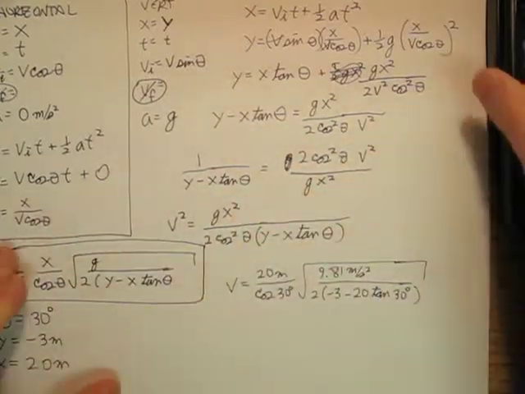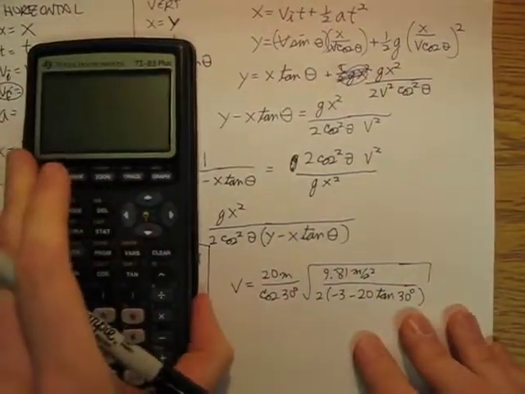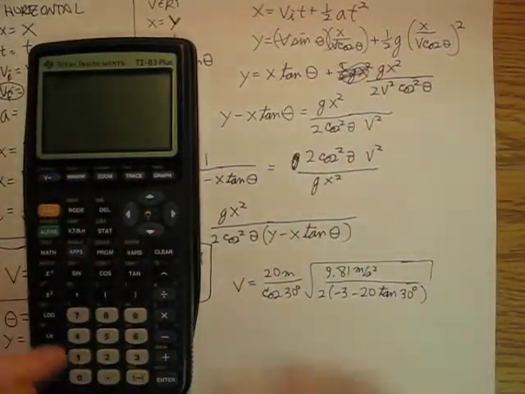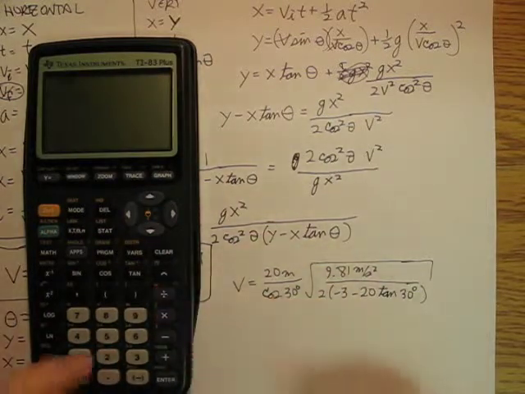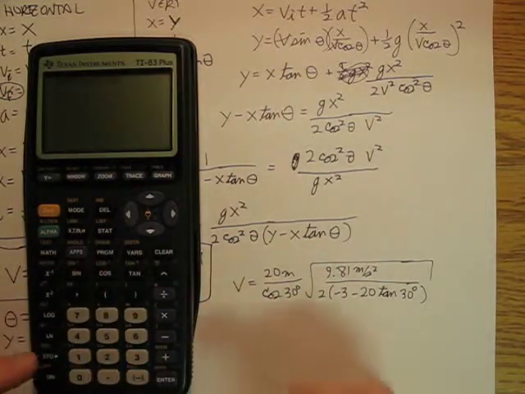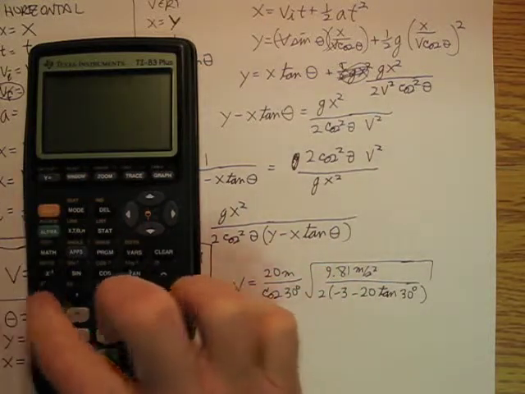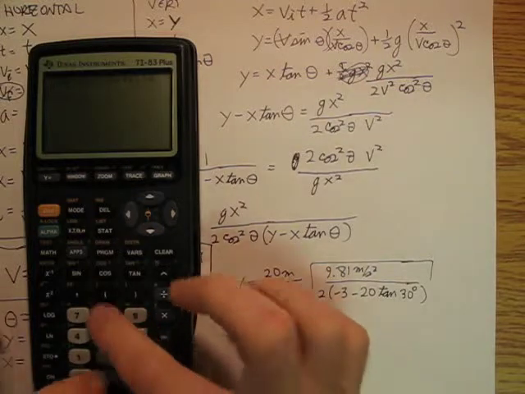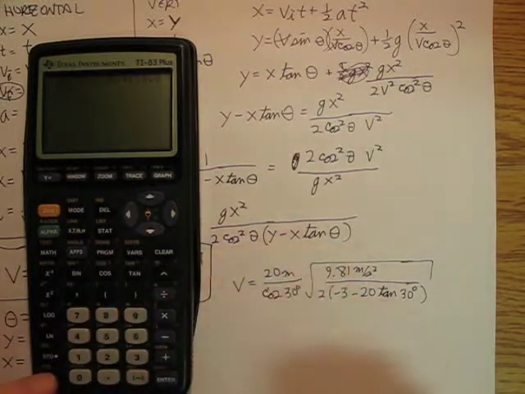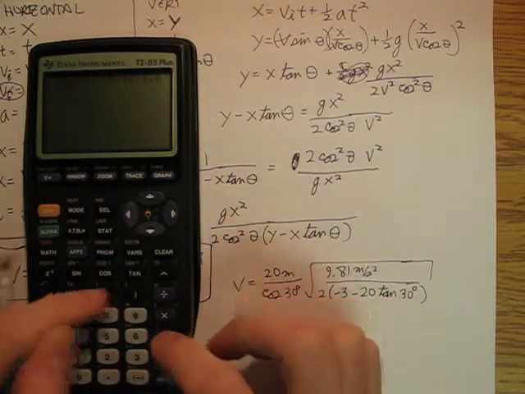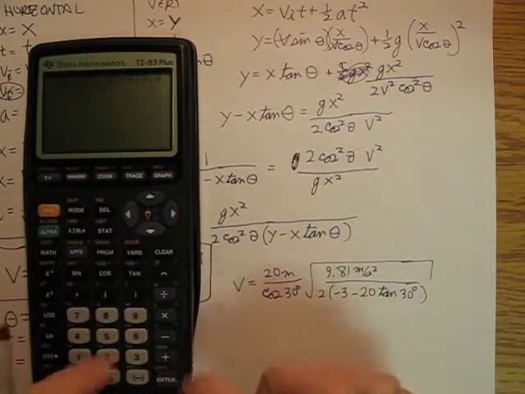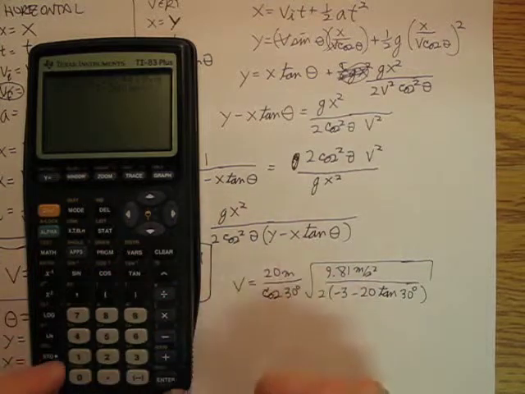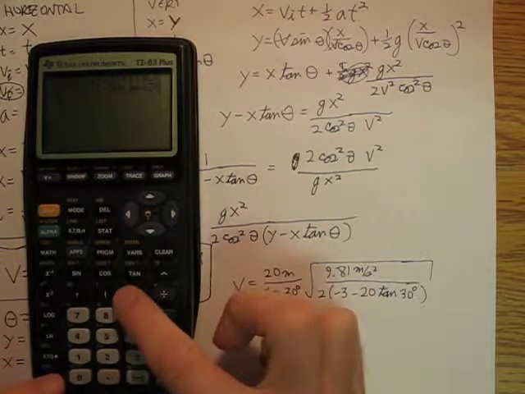And I'm sort of running low on time, but let's see if I can bang it out real quick. I'm going to have 20 divided by cosine 30 degrees times the square root of 9.81 divided by 2 times the quantity -3 minus 20 tangent 30 degrees.